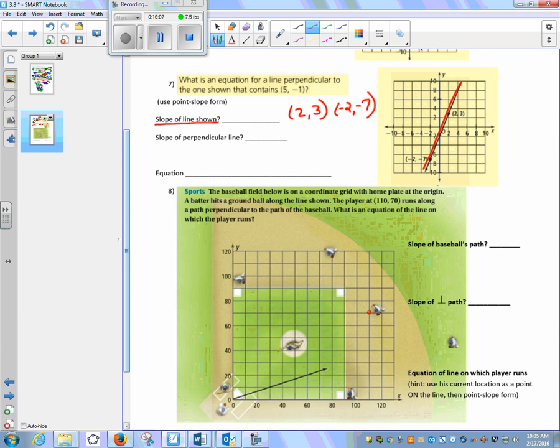So again, you're going to use the slope formula, y2 minus y1, x2 minus x1. Then, once you have the slope of the line shown, you need to figure out the slope of the line that would be perpendicular to it. So take the opposite reciprocal. Then you're going to write your new equation using, again, point-slope form is the best way to do that.